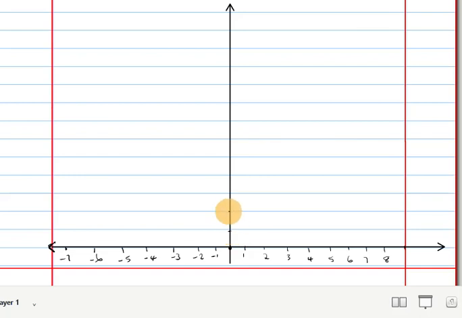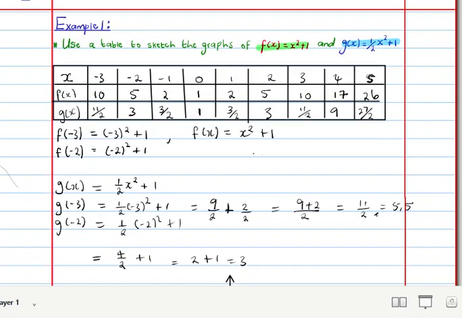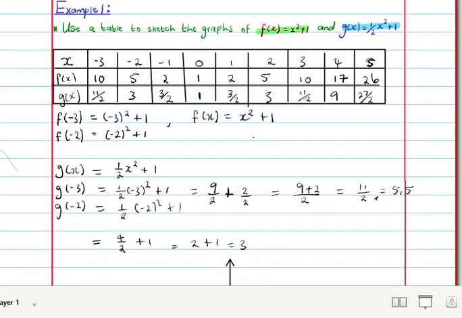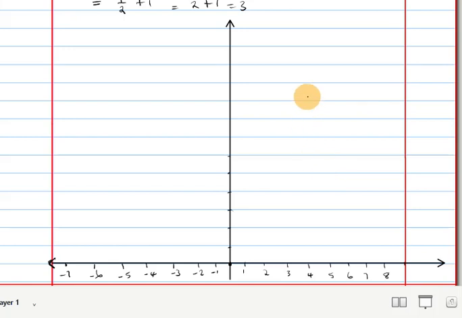Okay, let's just check here. We know that the greatest value that you should have should be 26. Let me check. Is it 26? Yeah, it's 26. 26 is the maximum value, so let's just go there. So we have to make sure that the graph has equal space between the terms. If you say 1, 2, you see you won't reach 26.